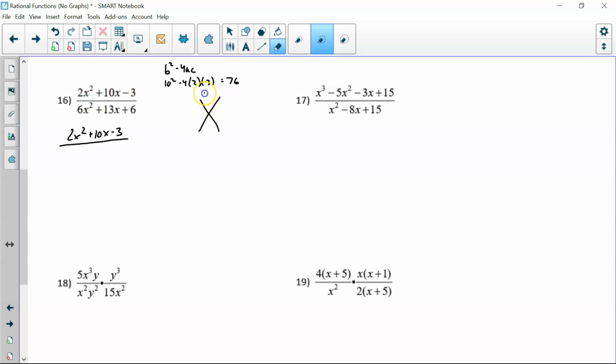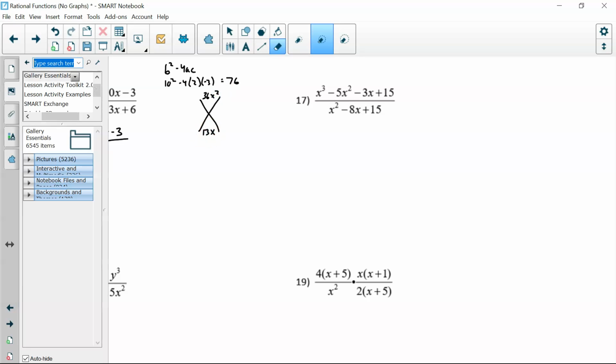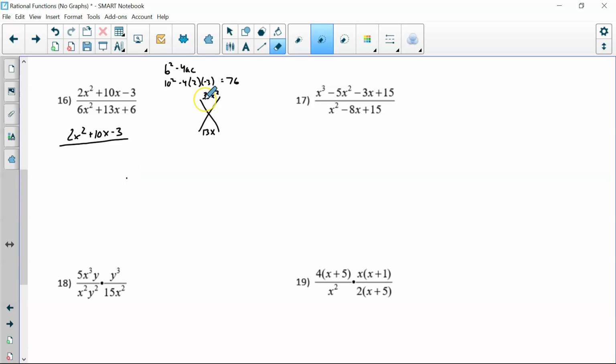Multiply the first and last, we get 36x squared. We got a 13x. Both have the same sign. They're going to both be positives. So to get to a 36, we're going to have a 9x and a 4x.